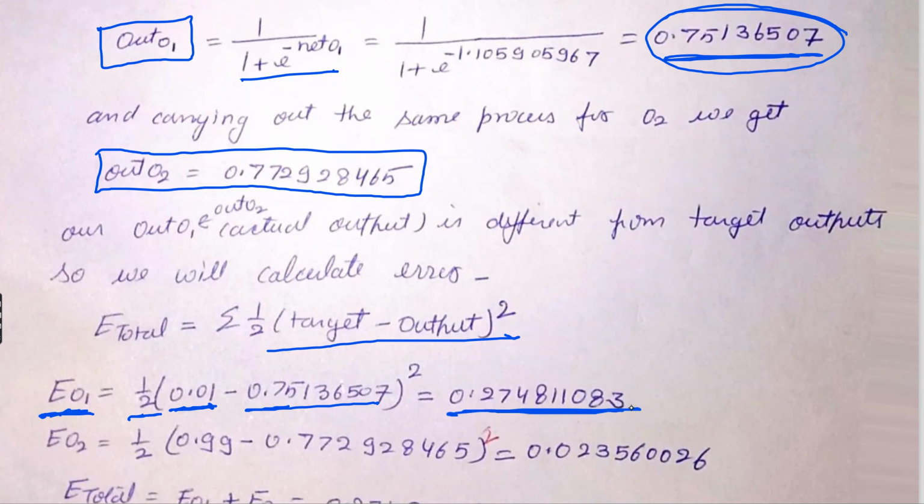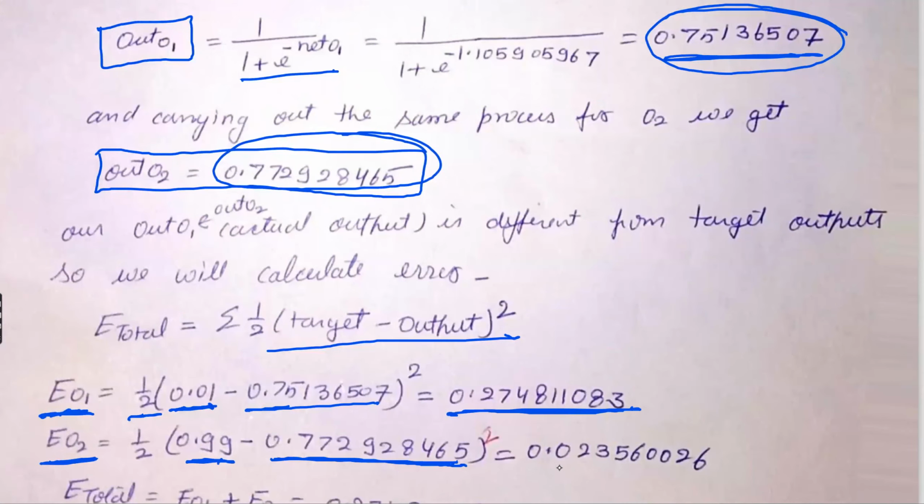And in a similar way, the error of output O2. How will we calculate the error of output O2? 1 by 2 times (target 0.99 minus the actual calculated output with the help of the certain weights, this one that we have calculated here) whole square. Okay, so the error is this.